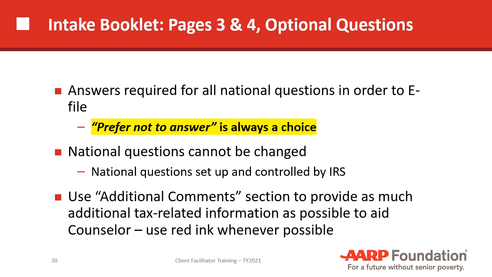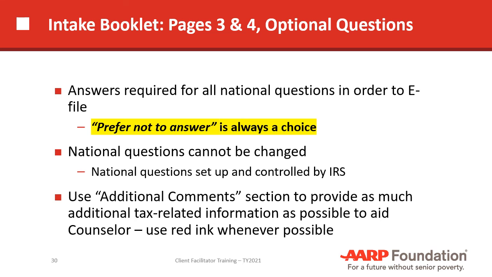They could just simply check that if they don't want to answer a particular question. There are some questions put in there by the Internal Revenue Service, and those questions cannot be changed. There are other questions that the AARP has some control over, but the way the questions appear on the intake booklet now are probably the way they're going to be, at least for this year anyway.